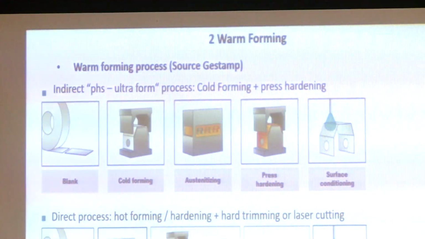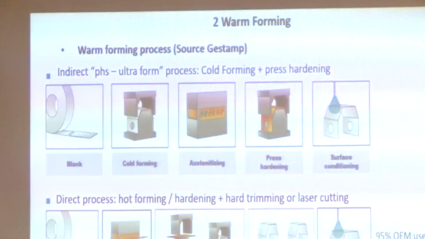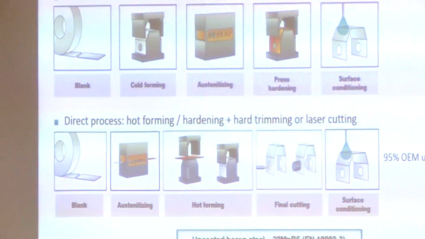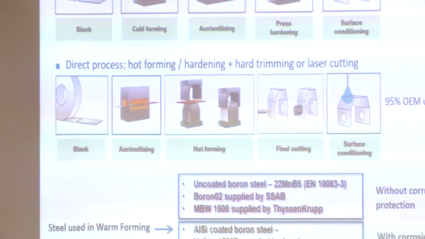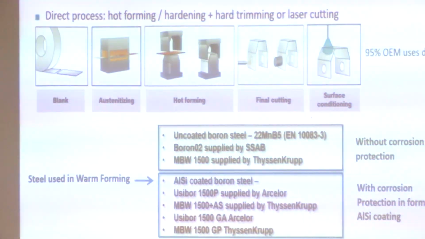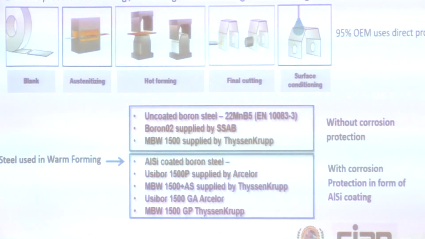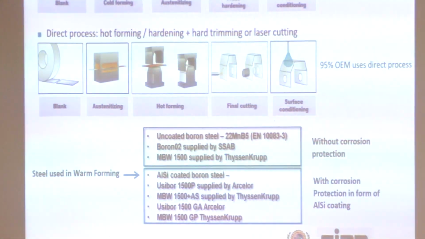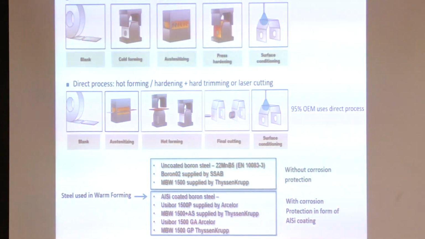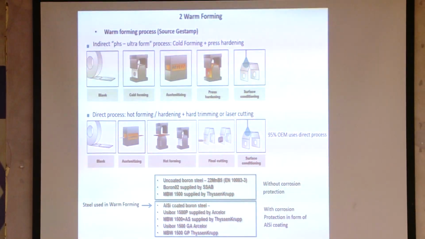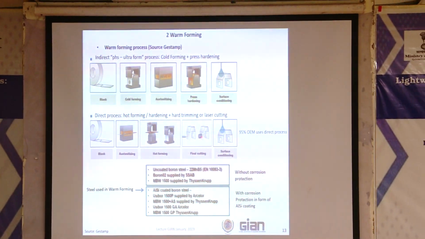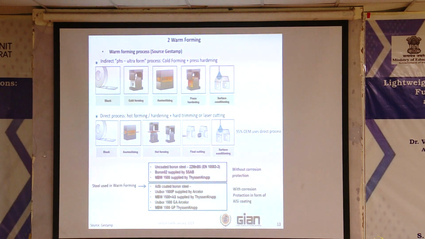You hold the part for some particular seconds, normally 6 to 10 seconds, based on the temperature of your tooling, and the part gets cooled, converts to martensite because the cooling rate is faster than the critical cooling rate, and finally you cut the part by either laser or with the tooling.